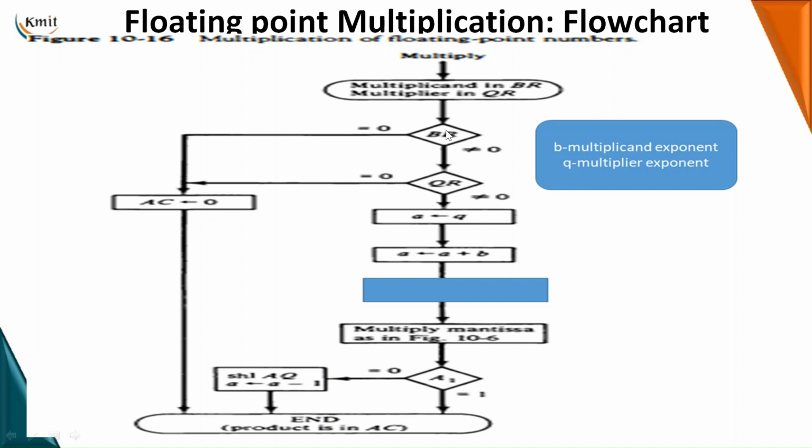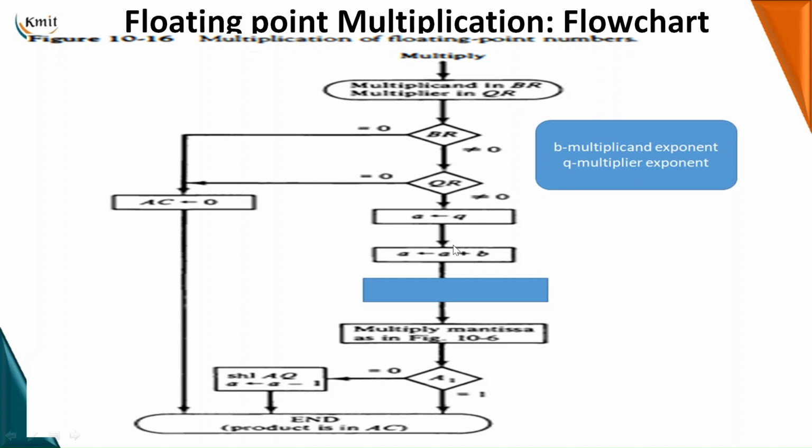If both the operands contain non-zero values, then we go for the next step where you need to add the exponent part of your data. The exponent of BR will be stored in a register B, whereas the exponent of QR will be stored in a register Q, small q.